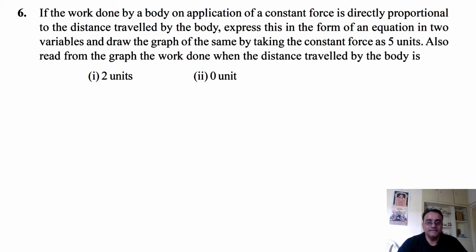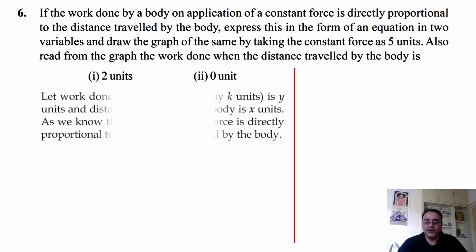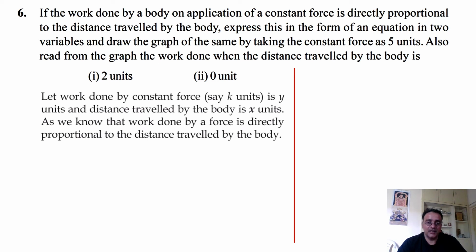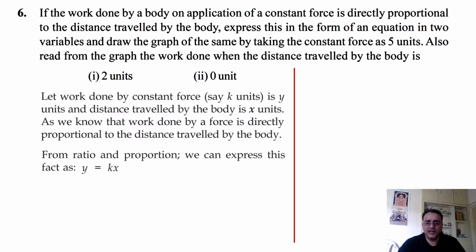So we'll start: let the work done by the constant force be y units and the distance traveled by the body be x units. As you know, the work done by a force is directly proportional to the distance traveled by the body. So from ratio and proportion we can express this fact as y is equal to kx.